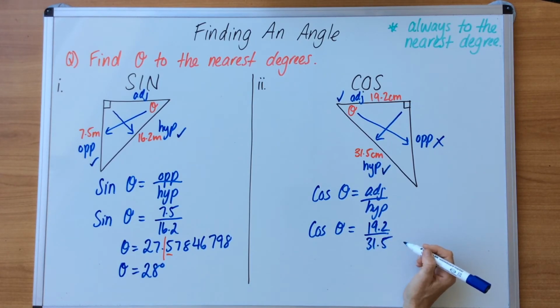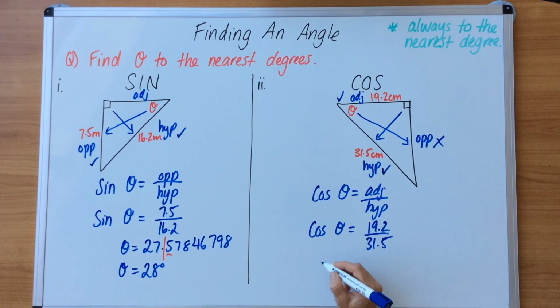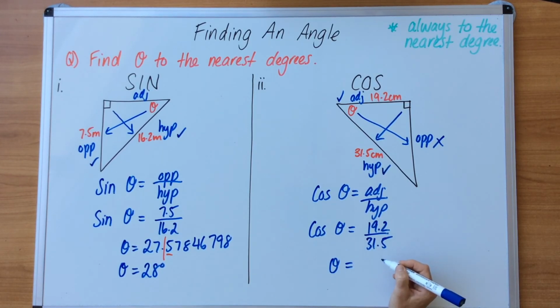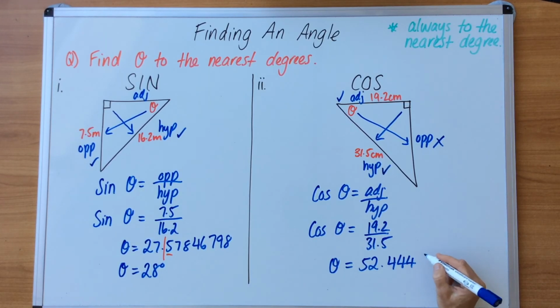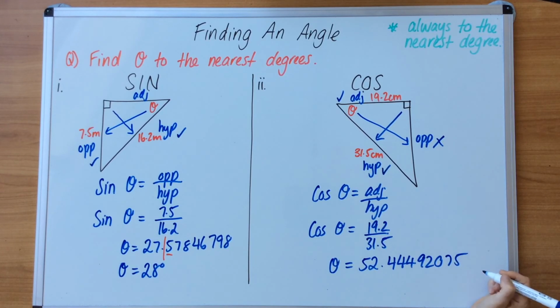Now I'm going to use my calculator and click second function button, cos button, 19.2 ABC fraction button, 31.5 equals, and I'm going to get a large decimal here of 52.44492075, and again I have to round to the nearest degree, that's the whole number.